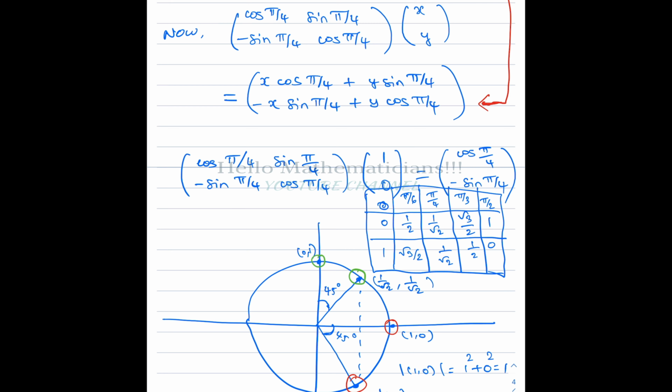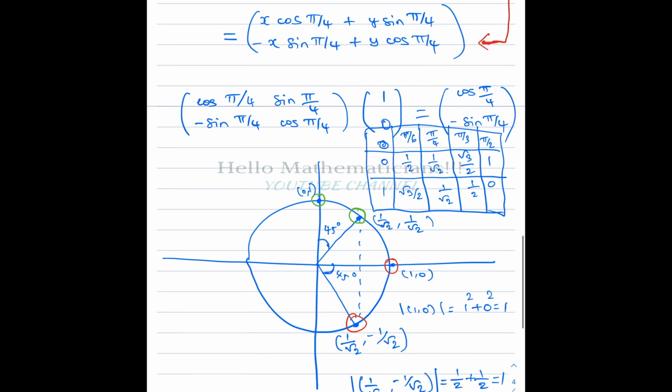Cos pi by 4, minus sin pi by 4 is equal to 1 by root 2, minus 1 by root 2. Therefore, under this matrix, this point is mapped to this point. Okay, so what is happening? This point is rotated 45 degrees. What is this 45 degrees? This is pi by 4. So pi is 180 degrees, so pi by 4 is 45 degrees. So we get that this point is rotated to this point by 45 degrees.